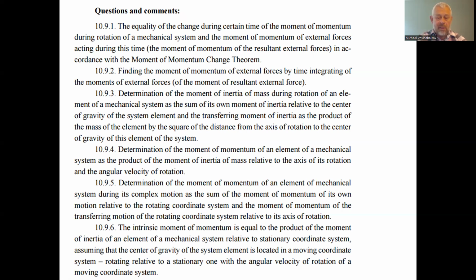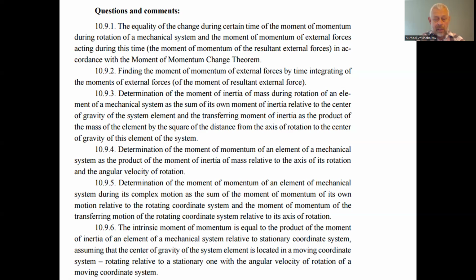This derivative by time equals the increment of the momentum, or kinetic moment, per increment of time. On the right we have the total of the external moments acting on the mechanical system. We can subdivide the variables and move the denominator from the left side of the momentum change theorem to the right side as a factor, and we will have the differential equation.